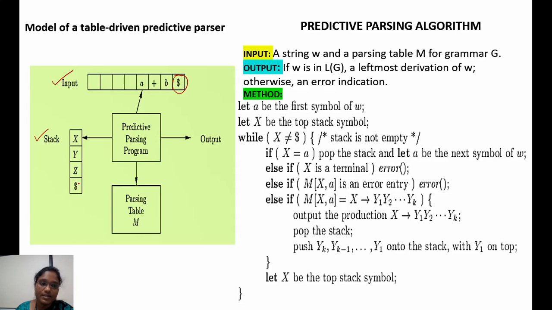The bottom of the stack is again represented by the dollar symbol, and then we have the other symbols which we push into the stack. We also have a parsing table which we can construct from the given grammar based on the first and follow functions. The parsing table will be helpful in implementing this predictive parsing algorithm or program.